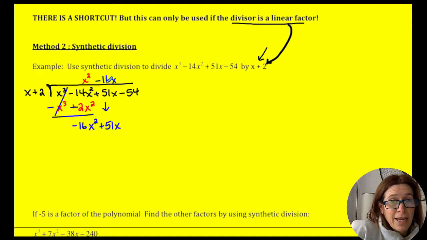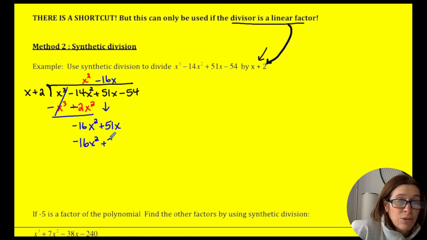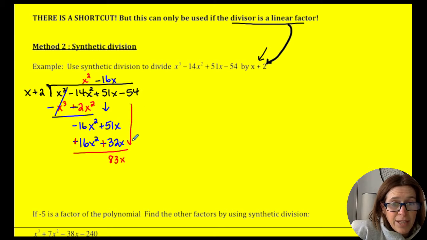I then multiply negative 16x by x plus 2, giving me negative 16x squared, minus 32x. Let me fix that. Then I'm going to subtract, so that's going to make this positive and this positive. Let's just remember that's what's happening. Give me a really big number here. What is that? 83x. Bring down the negative 54.